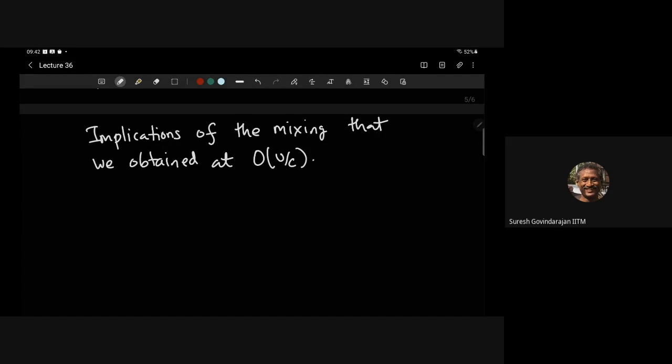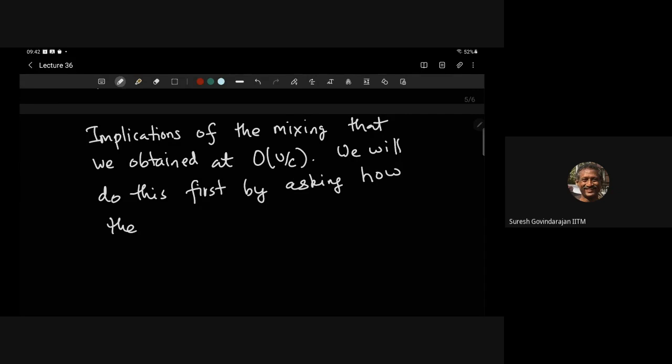We will do this in 2 steps. But first, by asking how the scalar and vector potentials transform.